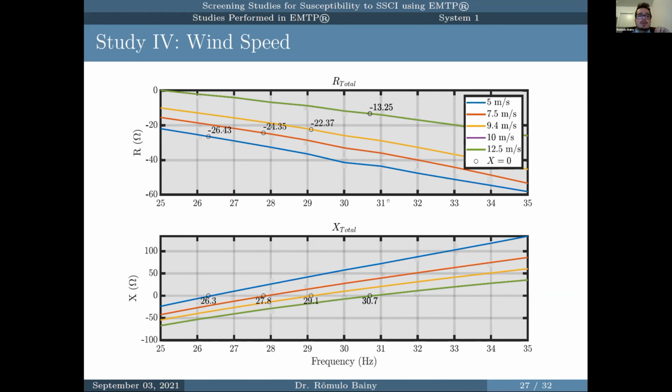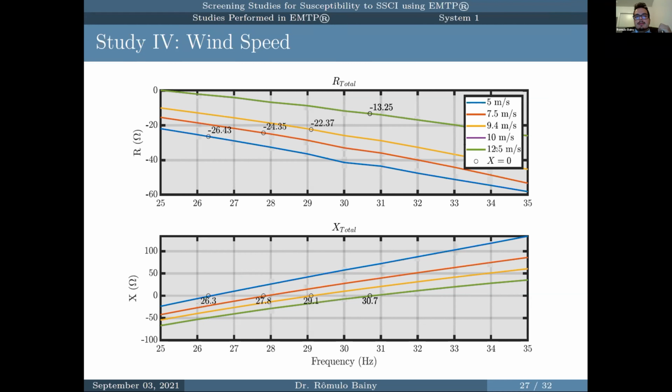Starting with the R total, the blue line is for 5 meters per second, and the green line is 12 meters per second. They are going to follow that order, red and yellow. So basically, you can just see that the damping is going to increase. It's going to get less negative the faster our wind speed.